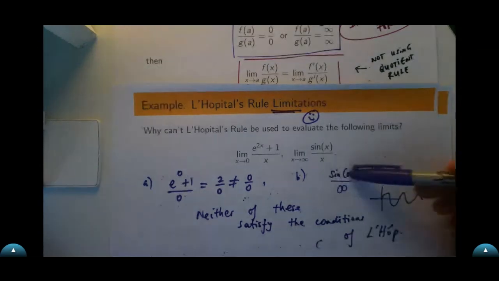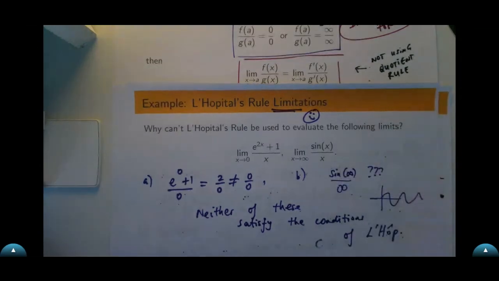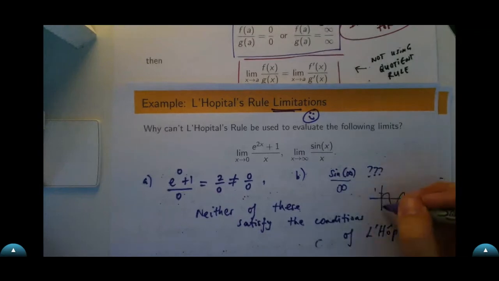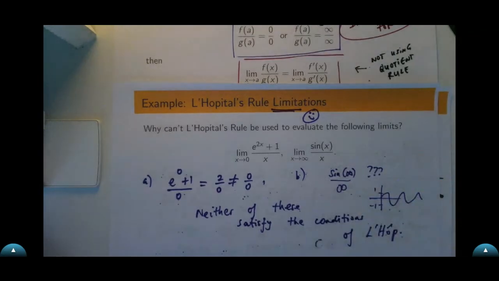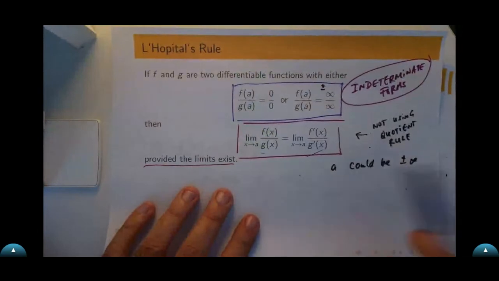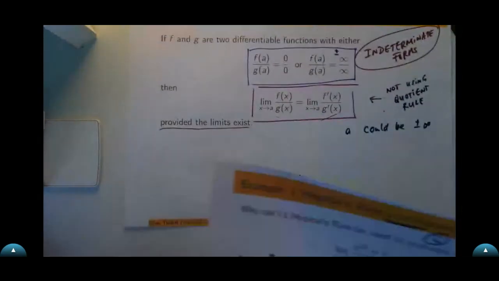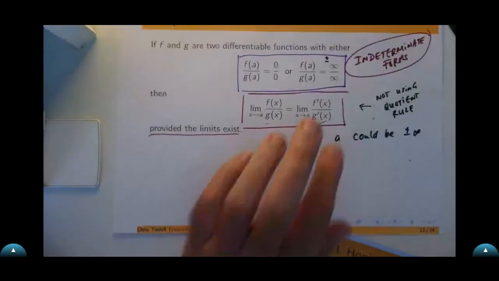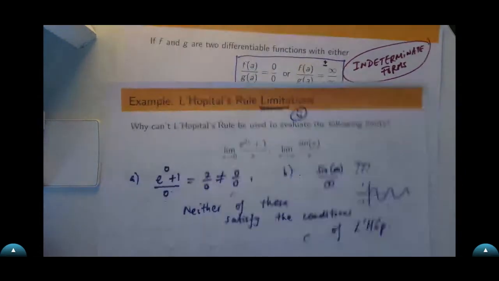Well, Carl, you don't know what this is, right? I mean, it could be any value between +1 and -1, right? Yes, Azalea. Yes, it is possible to use L'Hopital's rule when x approaches positive infinity or negative infinity. Yes, it's possible to do that, and I've said that over here, right?